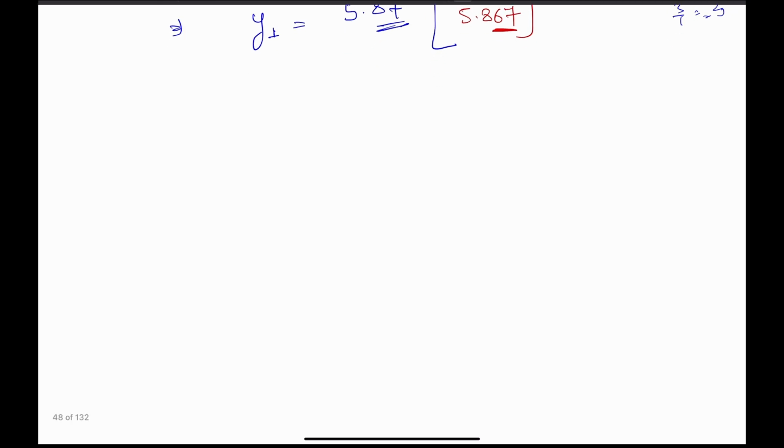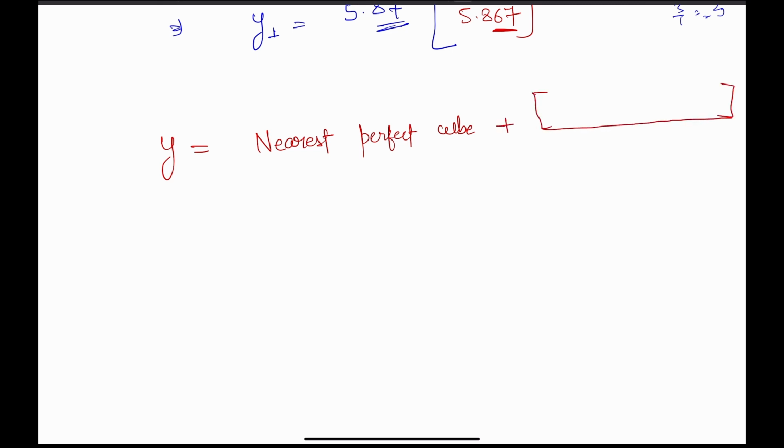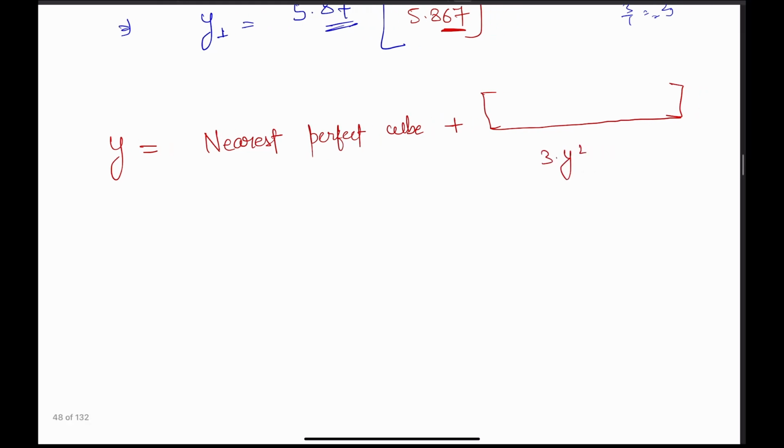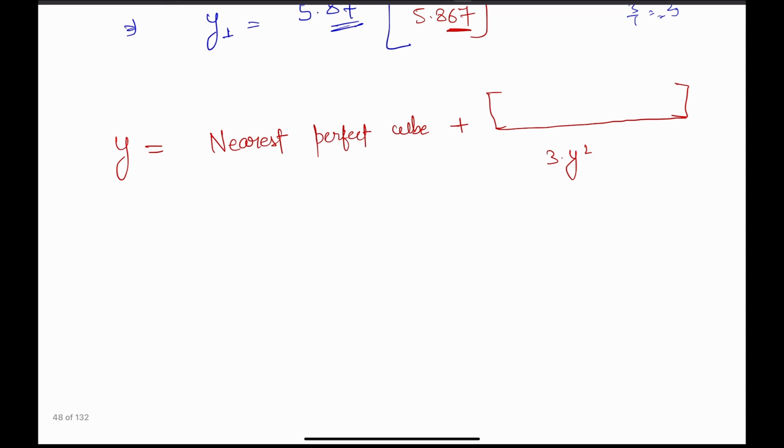So y is equal to the nearest perfect cube, plus the value given minus the nearest cube, divided by 3 into y square. For those having issues understanding this, don't ask me what this y is, it's now totally understandable.